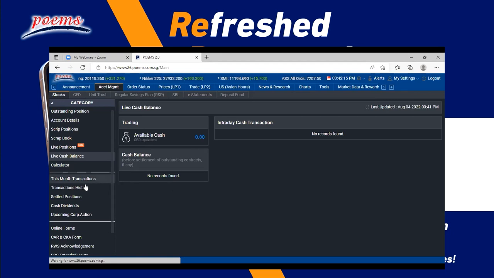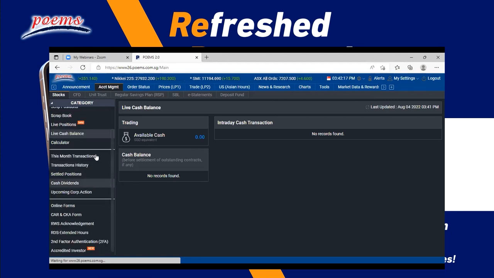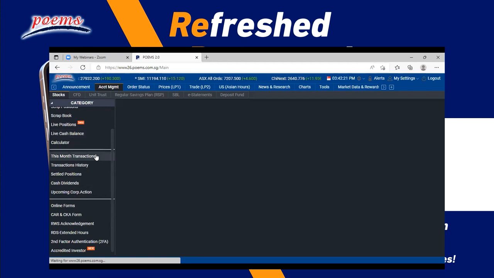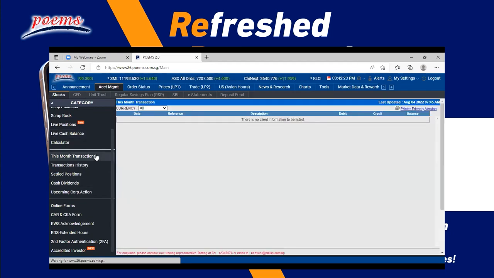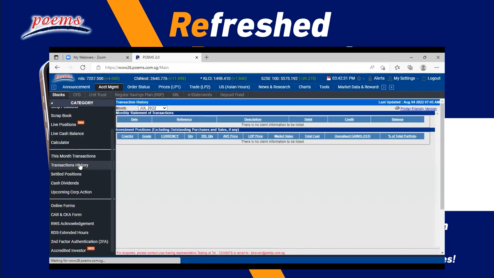Other than that, if you want to check your transactions for the month, you can click on this month transaction. It will show the transactions that you did for this whole month. If you want to check your previous transactions, including your withdrawal and deposit, you can check the transaction history up to about 1 year.